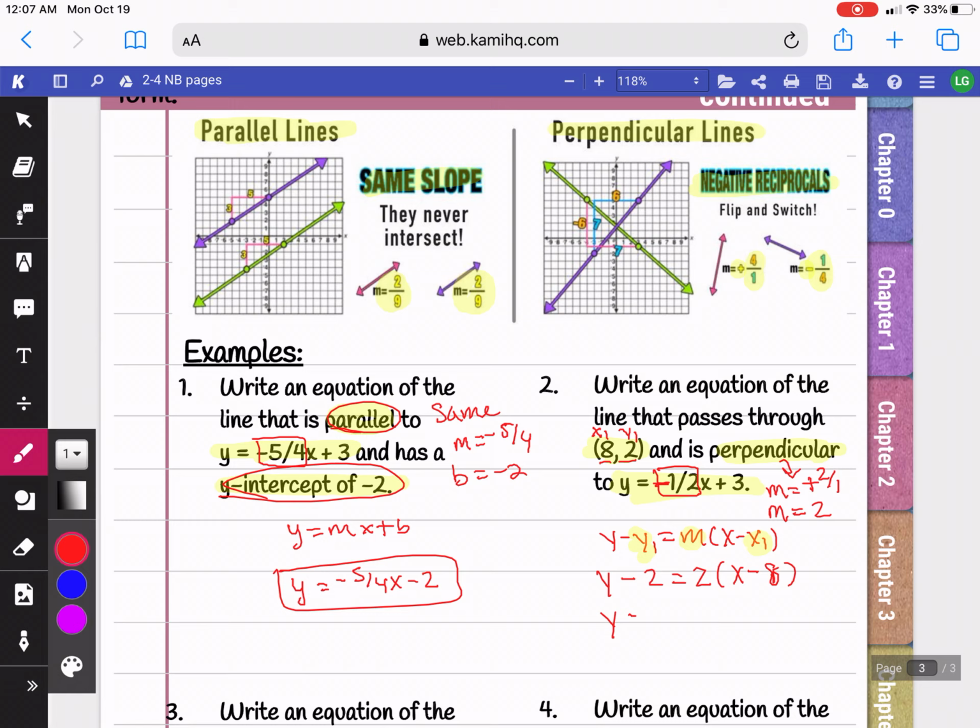I can distribute, so I get 2x, 2 times negative 8 is negative 16. And my last step would be to add 2 to both sides. So I get y equals 2x minus 14 as my equation in slope-intercept form.